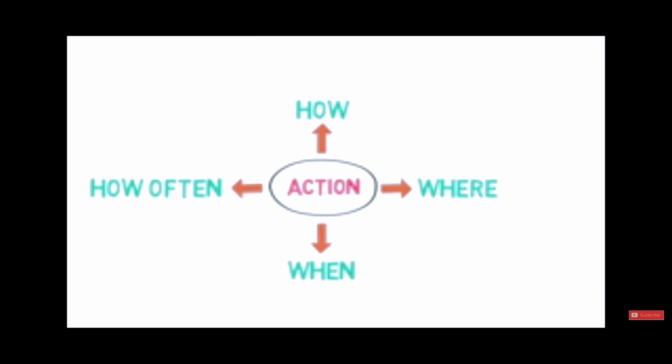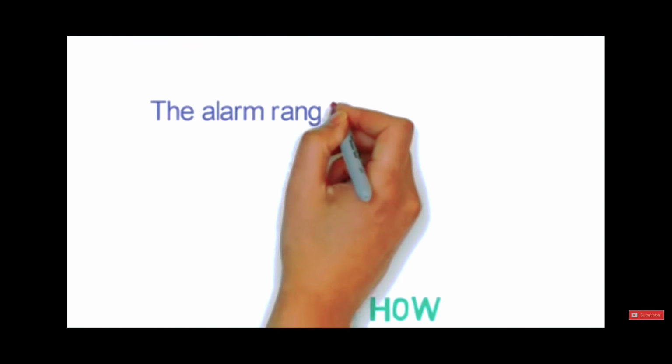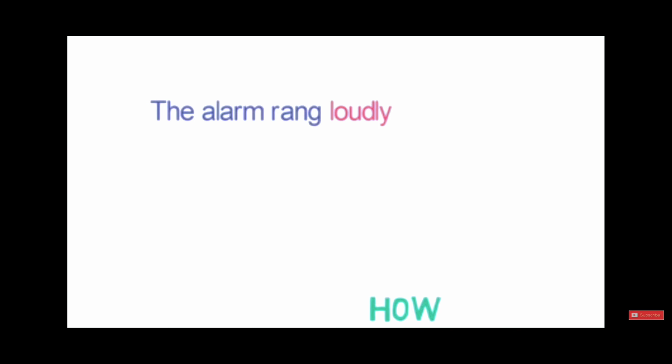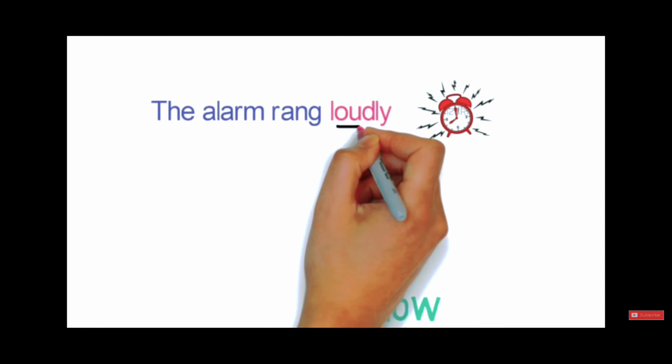Firstly, we will see the adverb that describes how an action is performed. The alarm rang loudly. Here we can identify that the alarm rang, but how did it ring? It rang loudly. So, loudly is describing the manner in which the alarm rang.